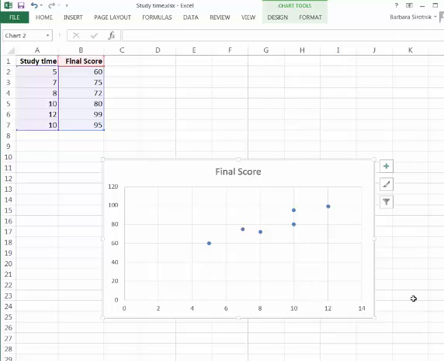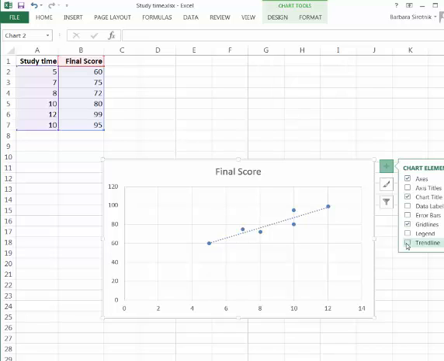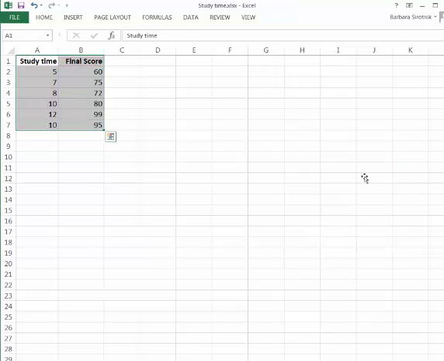To me, that looks like the points are going to be clustering pretty closely to a line. And if I click on the plus sign and put in a trend line, yes, the points are pretty close around the line. Looks like it's going to be a good predictor. Study time will predict final exam score. But that's all by eye. Let's see if we can do some statistics to figure out if there is a good relationship.